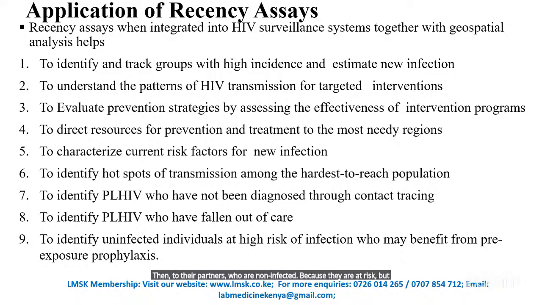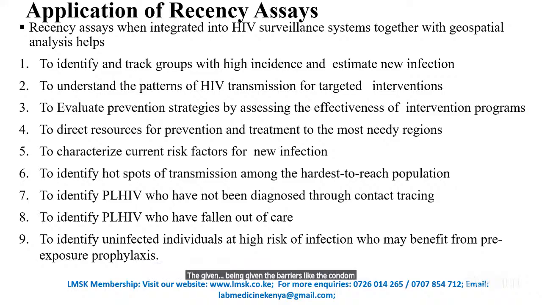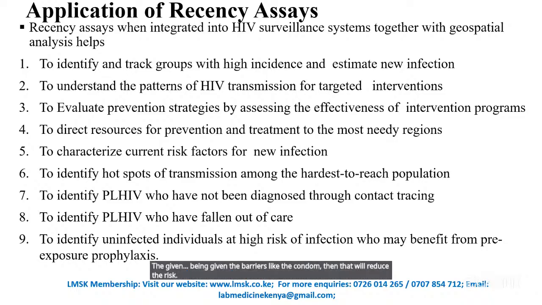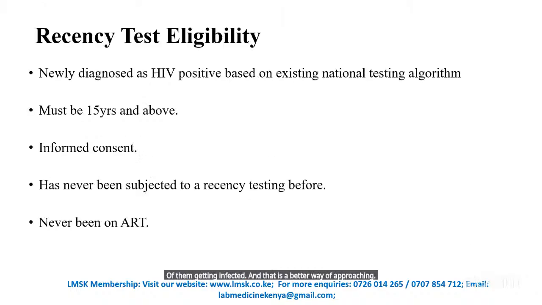We can have interventions like the introduction of PrEP, being given barriers like the condom, and that will reduce their risk of getting infected. That is a better way of approaching prevention intervention.